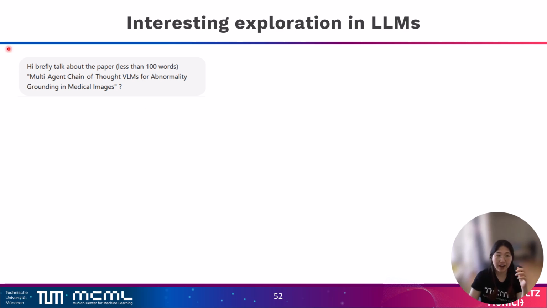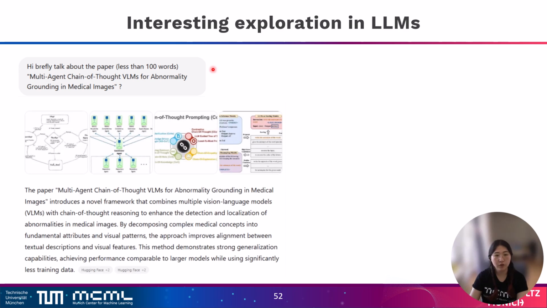I ask it to briefly talk about a paper in less than 100 words: multi-agent chain of thought vision language model for abnormal grounding in medical images. This is the answer from the O3 model. We can see it gives me an answer based on my requirement of less than 100 words, even provides some images, and also provides two links for the paper.